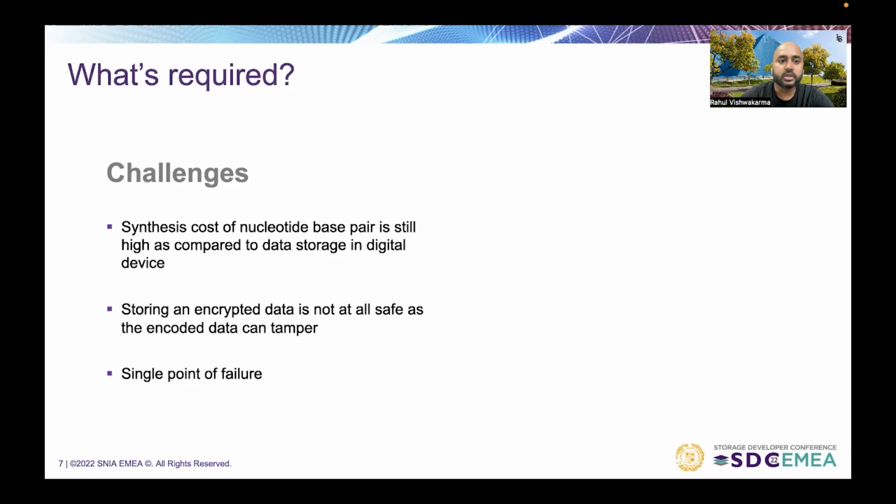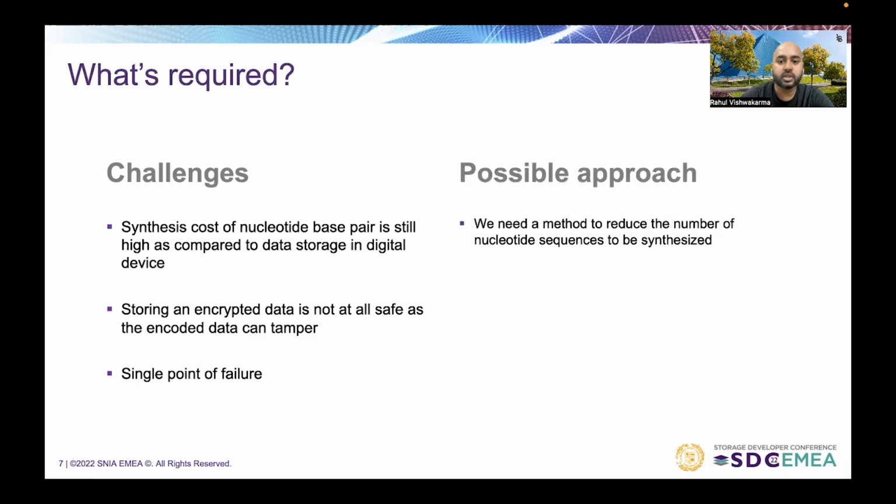According to this, I have tried to provide a solution and a possible approach. For the first problem, the cost, we will use similarity-based deduplication with delta encoding, which reduces the number of bits needed for representing the information.